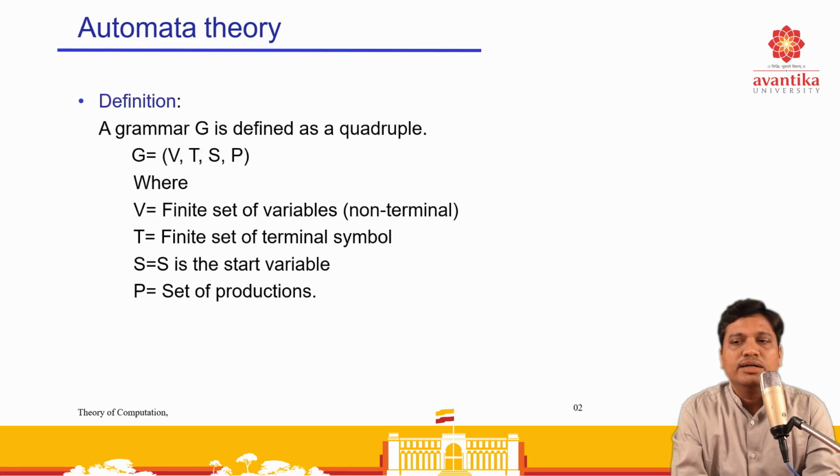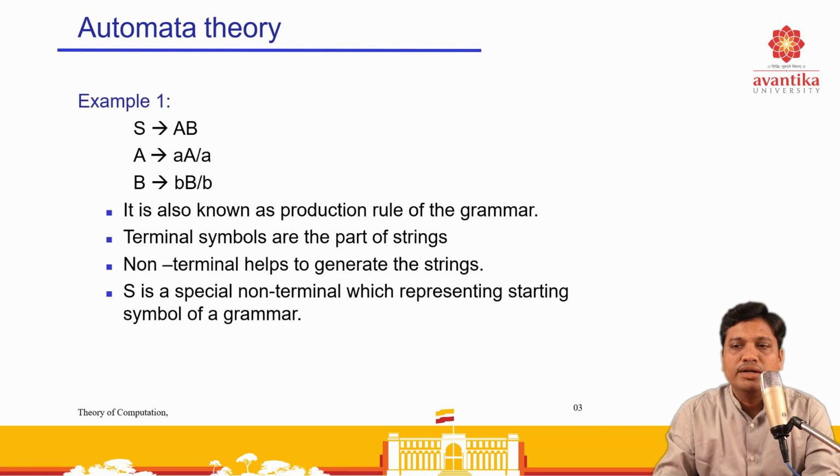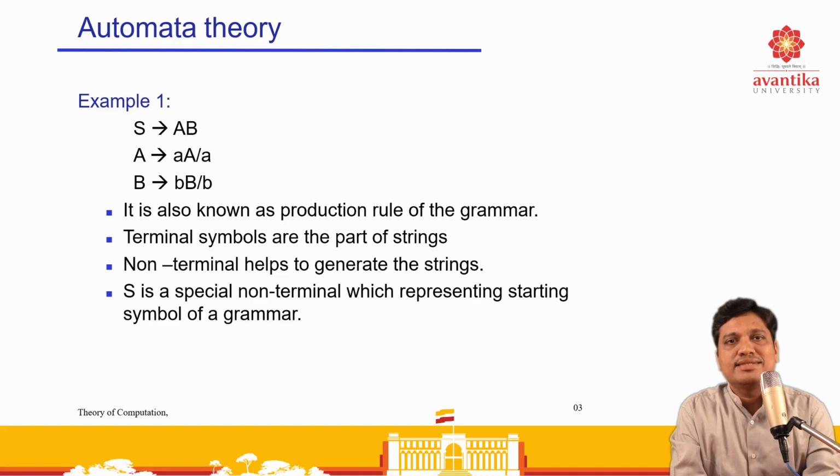Basically grammar G is defined by 4 tuples: V, T, P, S. V is for variables or non-terminals, T for terminals, P is the production rules, and S is the starting symbol. Here is an example grammar: S tends to AB. The capital S represents the starting symbol, and AB is also part of the non-terminals.